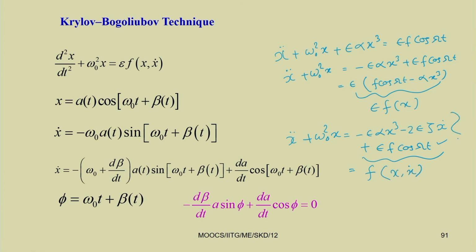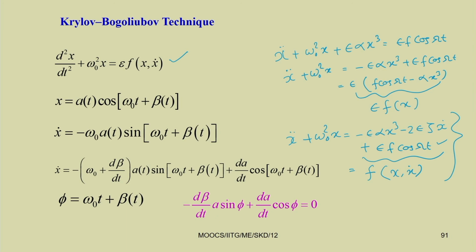So, a general equation, any nonlinear equation also can be written in this form. That is why it is written d square x by dt square plus omega 0 square x equal to epsilon f x x dot. Here we can take the solution like in the previous case of the damping equation, that is x equal to a cos omega 0 t plus beta t.